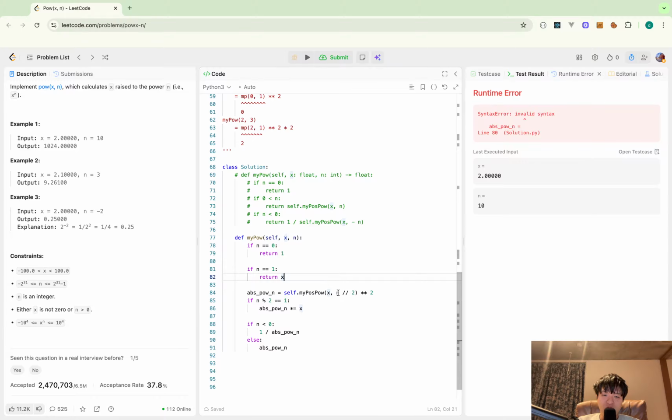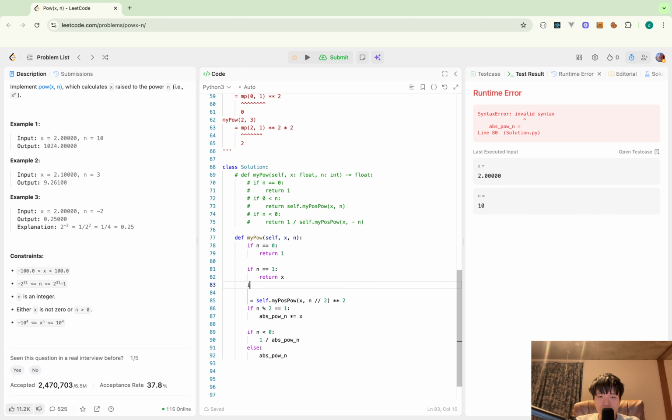Sorry, wait a minute. n divided by 2. This is actually not absolute. So let's say I've written this. So these are two edge cases. And here, instead of doing this, yeah, this part is fine.